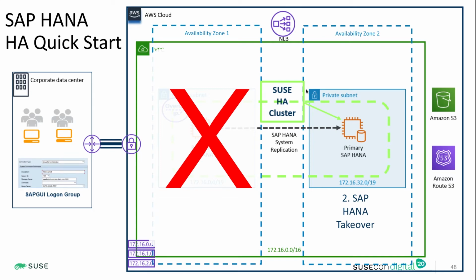The cluster promotes the secondary HANA database on sap-hana to take over as primary. The cluster migrates the IP address to the new primary on sap-hana. The routing table will be updated to route the traffic to the new primary database.